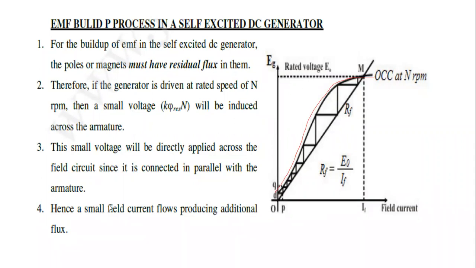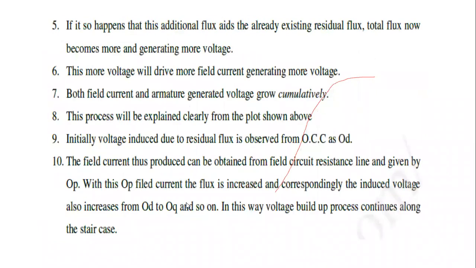Due to that current, some additional flux will be added, and due to that additional flux, more EMF will be generated. These more voltages will drive more field current, generating more voltages. Both the field current and the armature generated voltage grow cumulatively.